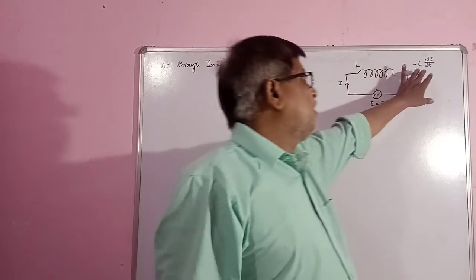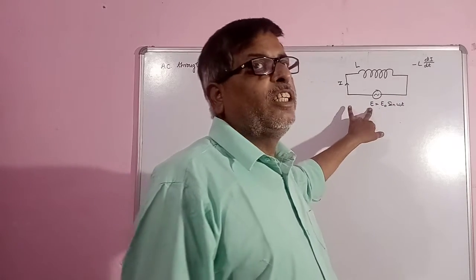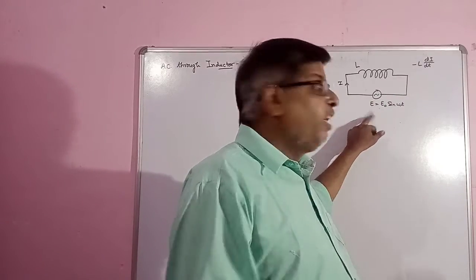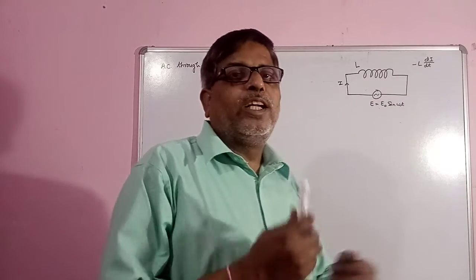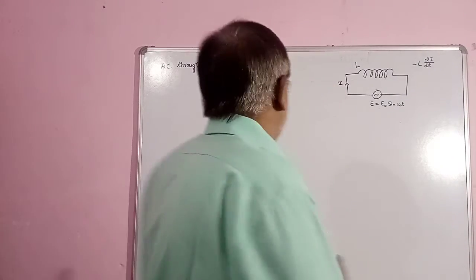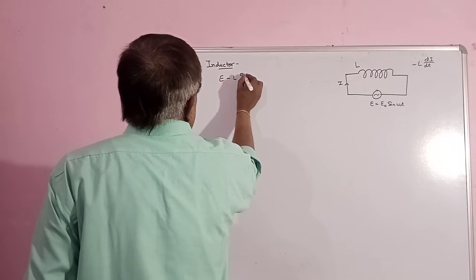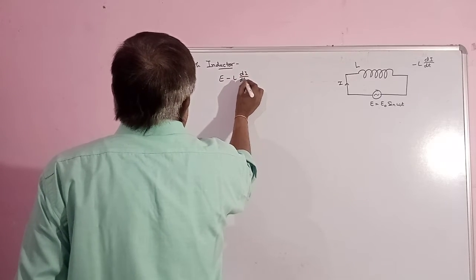This is induced EMF. And this is EMF given by the source. So net EMF in this circuit is E minus L di over dt.